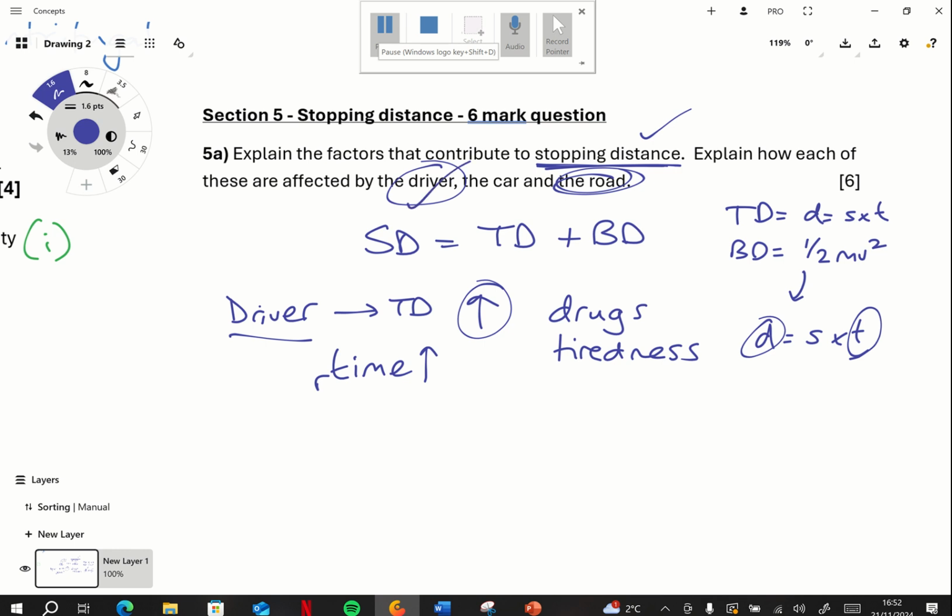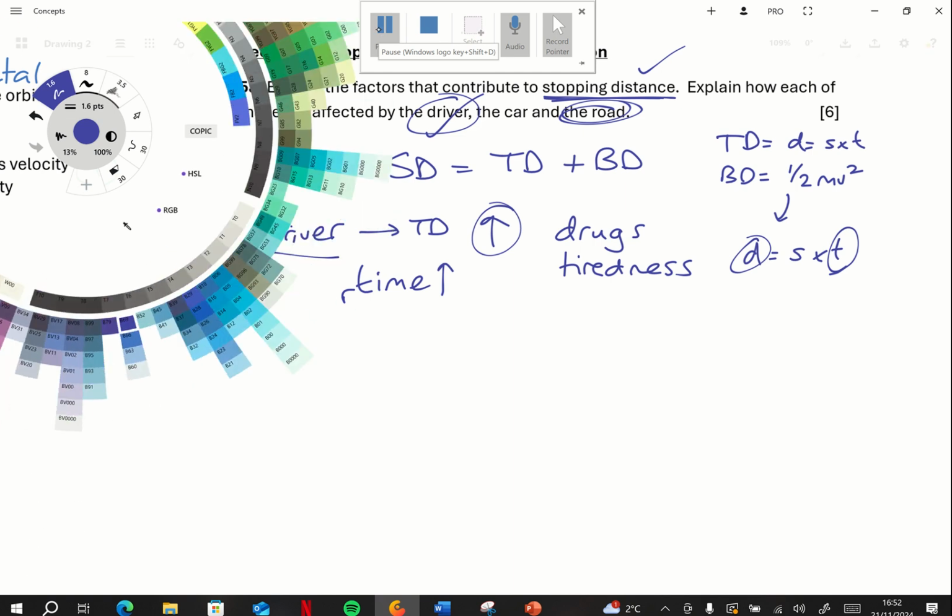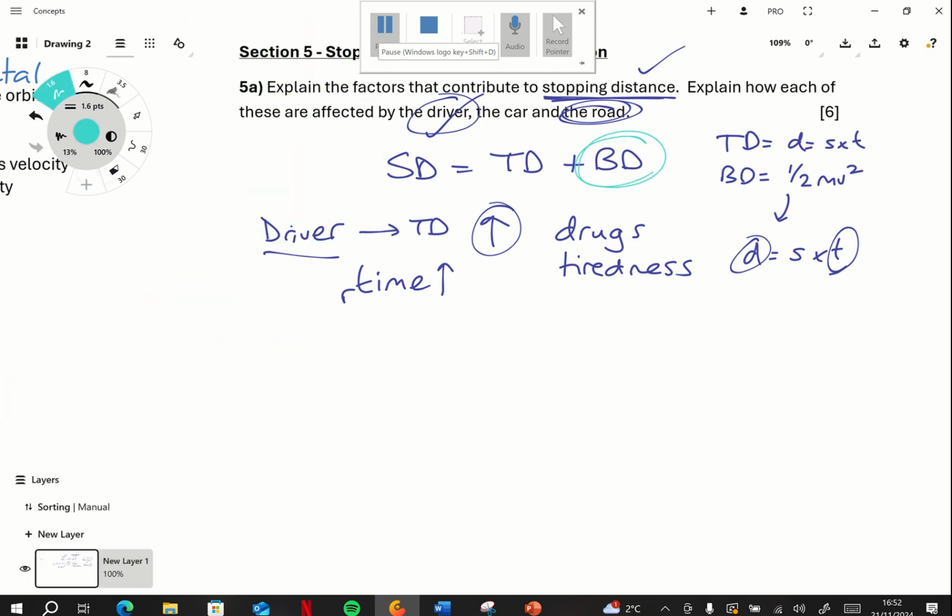That's the driver. Now we're going to do the car. Well, the car's going to relate, and I'll change my colour for this part. I'll pick that lovely little blue there. That's to do with the braking distance. So now I'm going to talk about the car. And I'm going to say, well, the car, the crucial part about that is half mv squared. So things around the car, the things that could affect it. What could affect the braking distance?